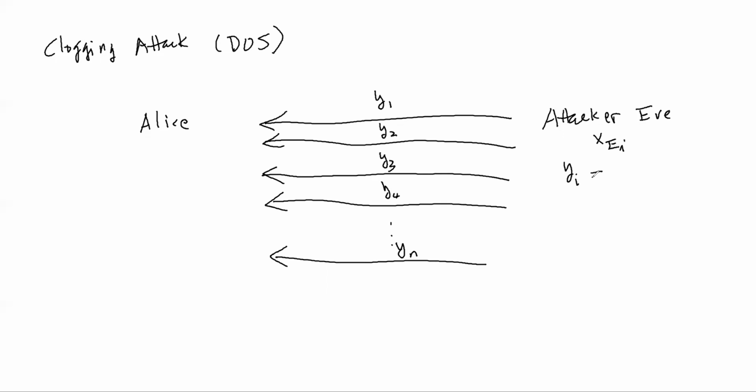So this will be A to the XEi mod P. And so Alice by the protocol will need to compute Ki, which is Yi to the XA mod P.